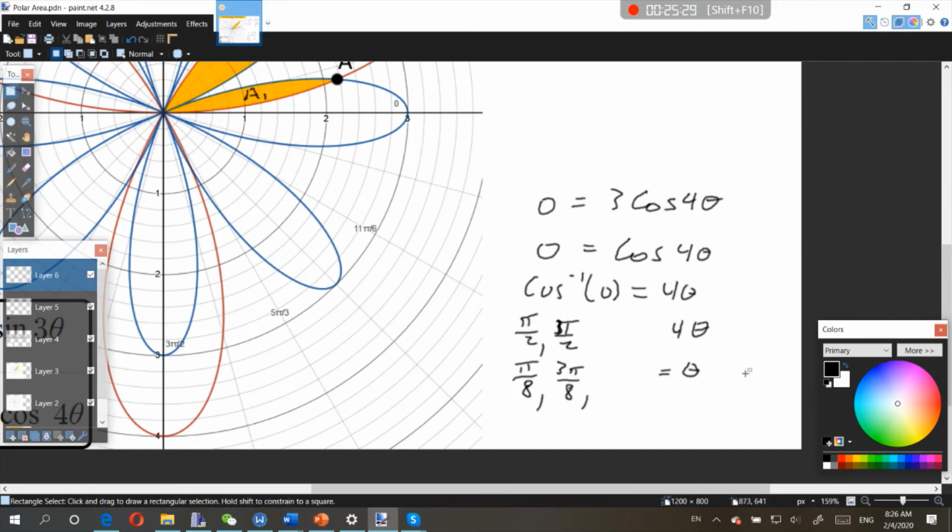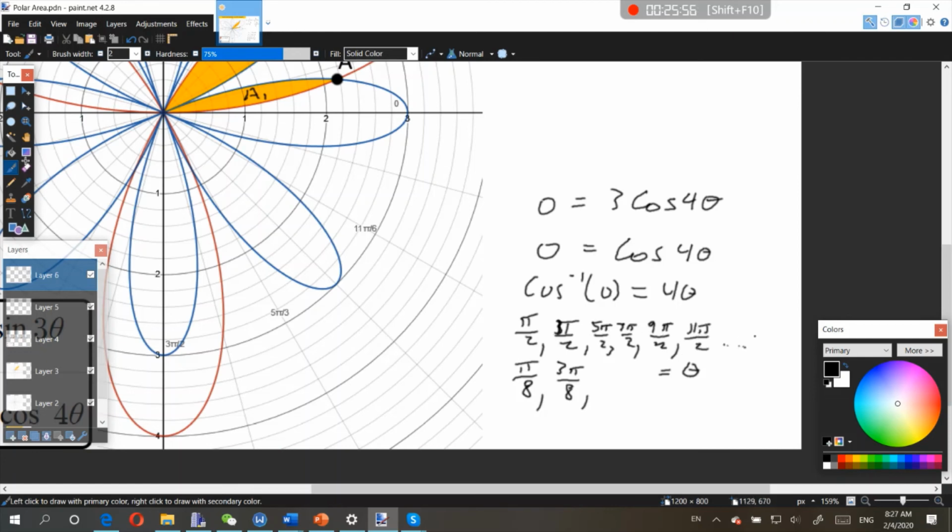This would have been 3 pi halves, 5 pi halves, 7 pi halves, 9 pi halves, 11 pi halves. 1, 2, 3, 4, 5, 6.